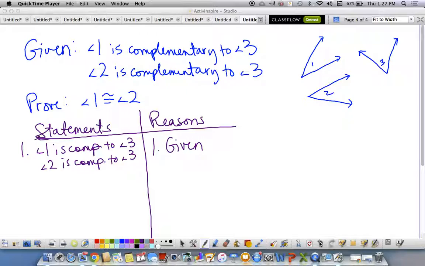This is the thinking part. Everybody give me some reasons. What do you know? What do you know about complementary angles?